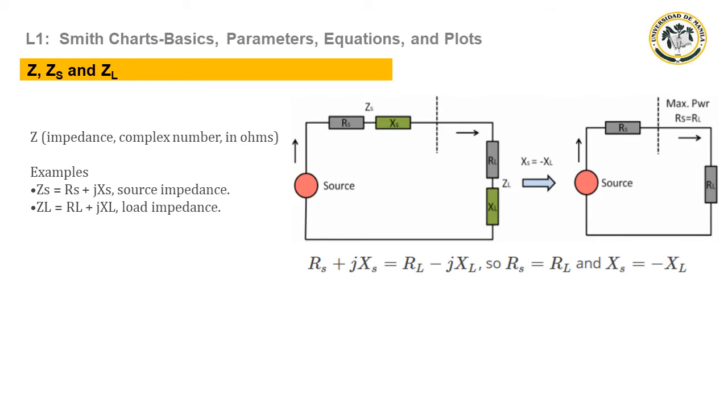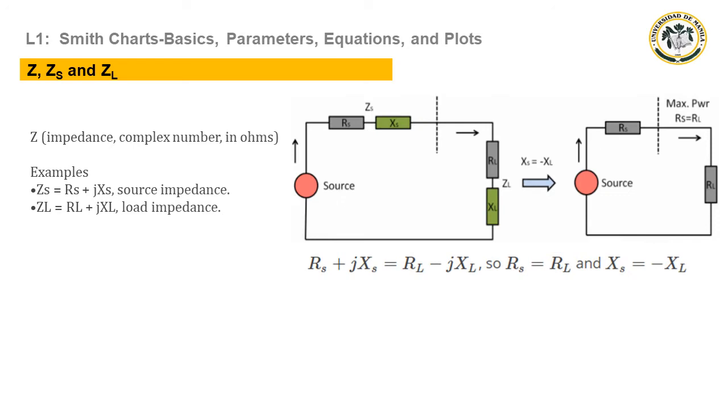So we have the source impedance R sub S plus J X sub S is equal to the load impedance R sub L minus J X sub L. Therefore, we have R sub S equals R sub L, or X sub S is equal to negative X sub L. If our characteristic impedance is equal to our load impedance, then we can say that there is the best power matching between the source and the load.